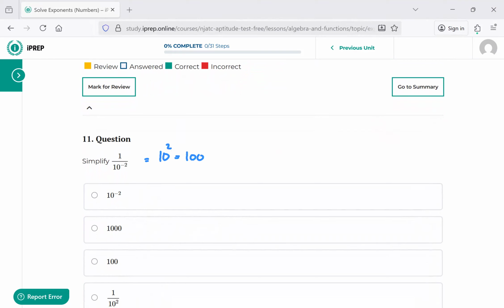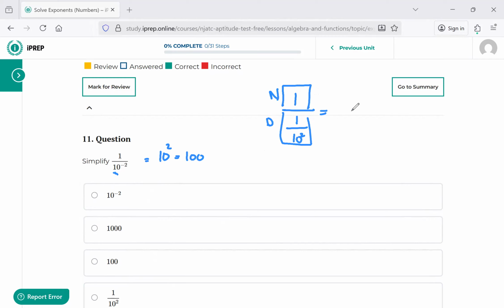If you want to do the actual theory or the work, this 1 over 10 to the negative 2 is the same thing as 1 over, and how do I write 10 to the negative 2 as a positive power? It would be 1 over 10 squared. Now you have a complex fraction. This is your numerator, this is your denominator.